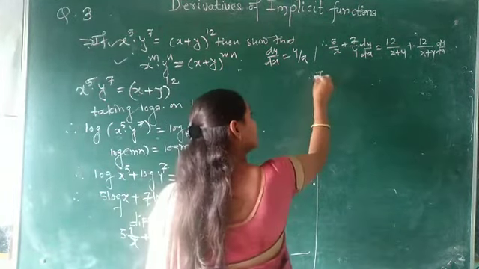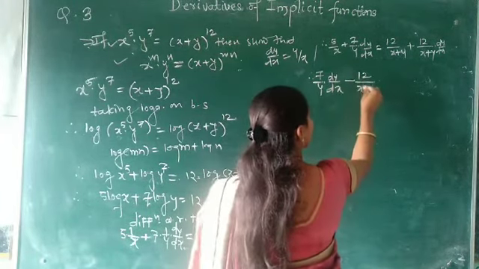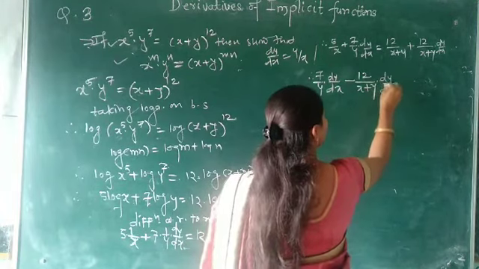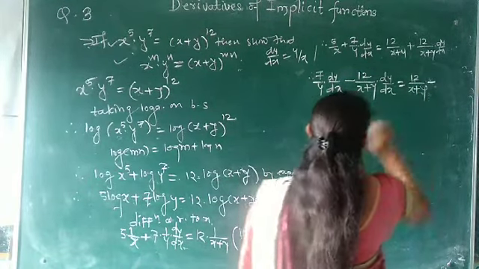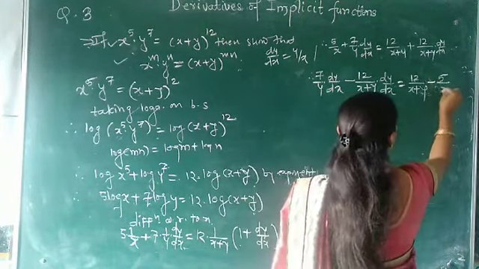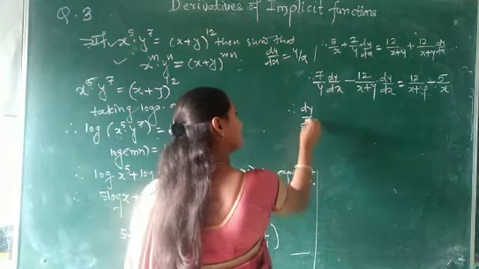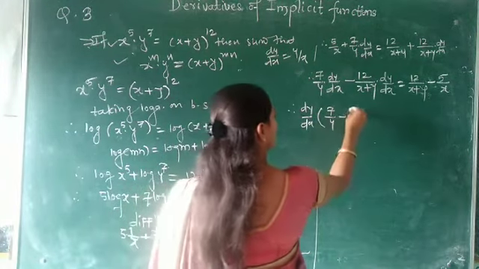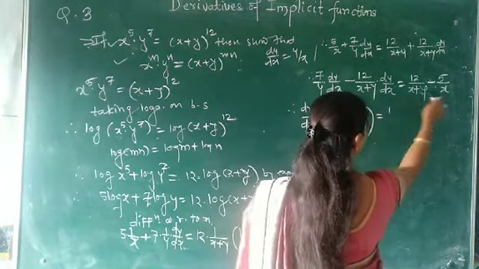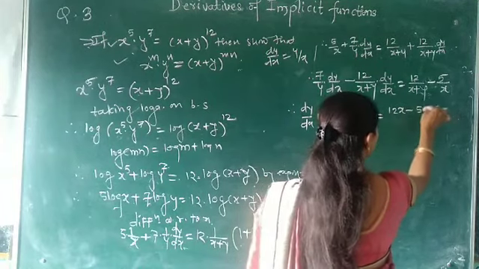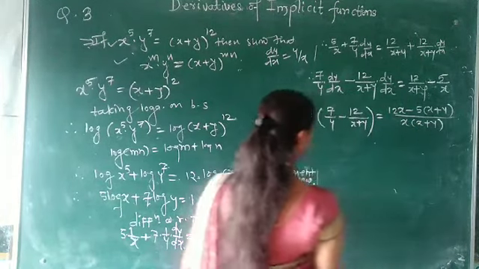So 7 upon y into dy upon dx minus 12 upon x plus y into dy upon dx is equal to 12 upon x plus y, which we keep as it is, minus 5 upon x. Now take dy by dx common. So 7 upon y minus 12 upon x plus y is equal to 12x minus 5 into x plus y divided by x into x plus y.